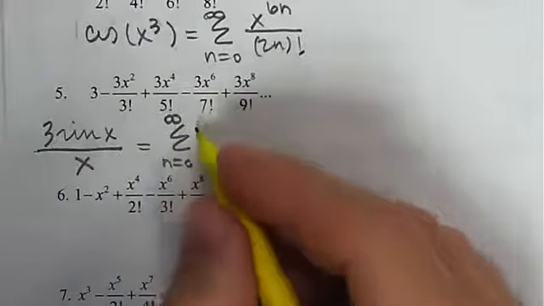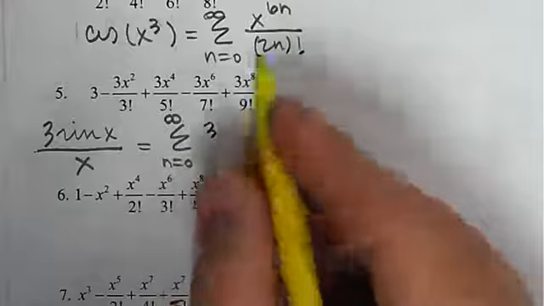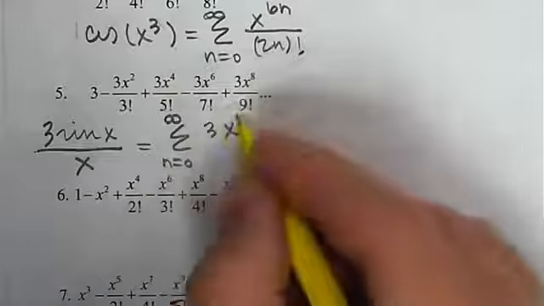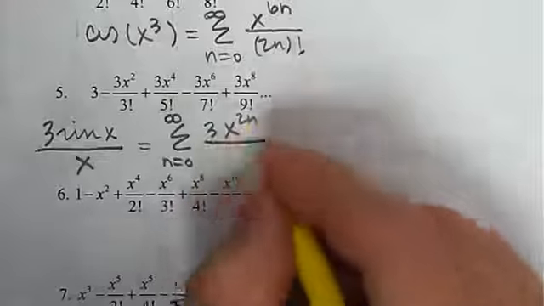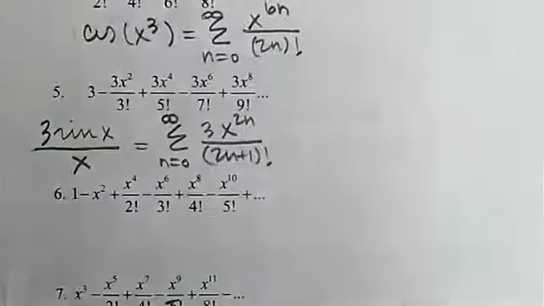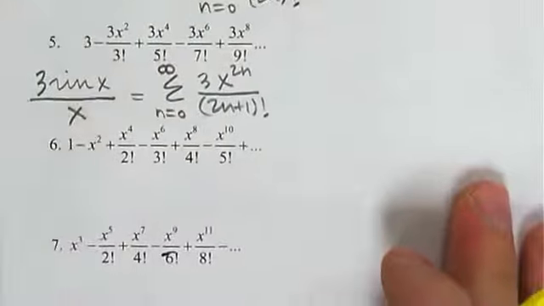I've got a 3 on all the terms. For sine, I should have an x to the 2n plus 1, but I've reduced the power by 1, so I just end up with an x to the 2n over 2n plus 1 factorial.